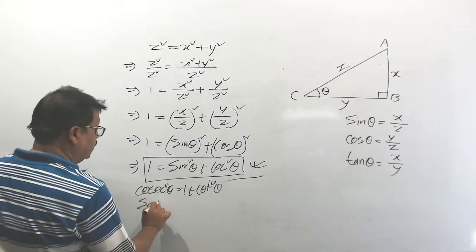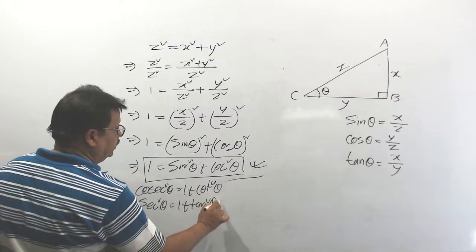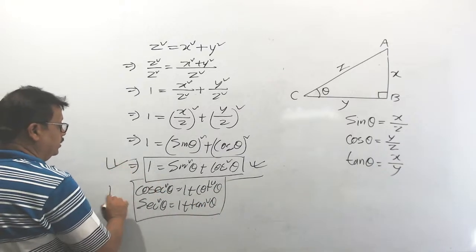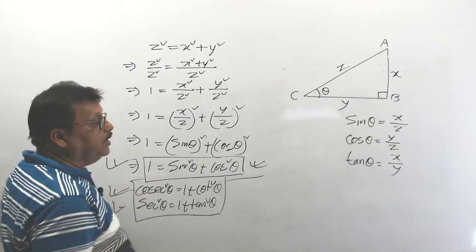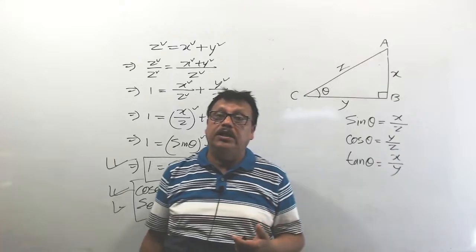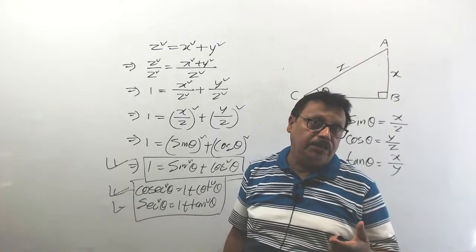Another one: sec square theta is equal to 1 plus tan square theta. These three are very important.